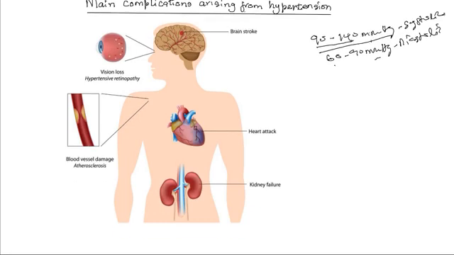One of them is brain stroke. Now, hypertension may lead to the bursting of arteries and capillaries. And should this happen in the brain, the bursting of capillaries leads to leakage of blood, and when brain cells come into contact with the blood, they die, and that's what constitutes a brain stroke.